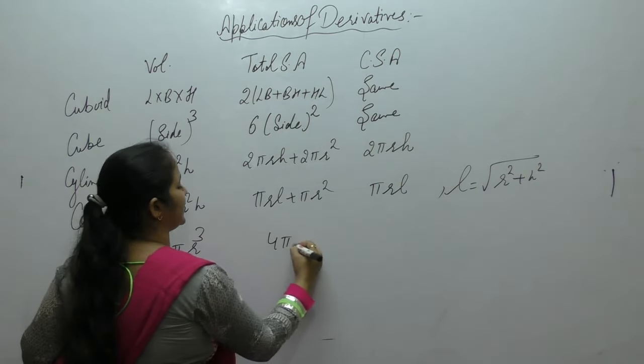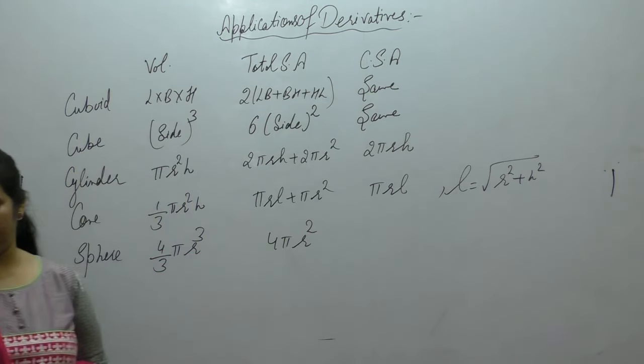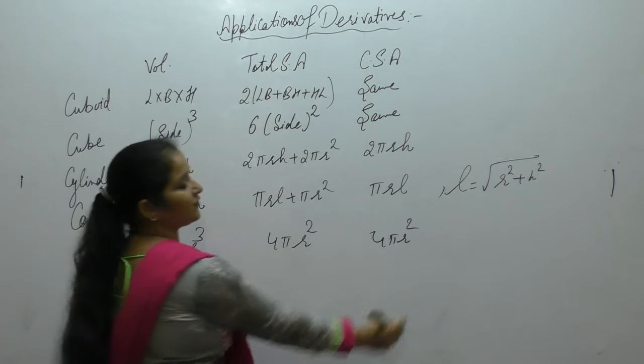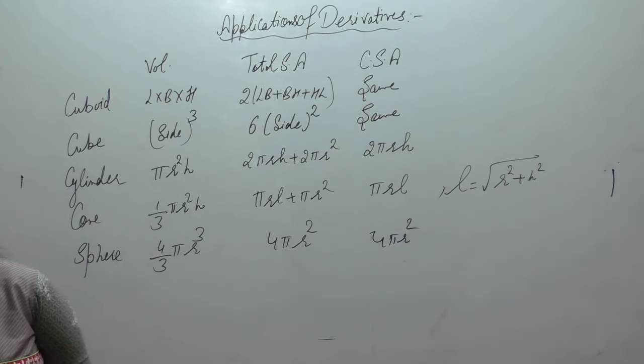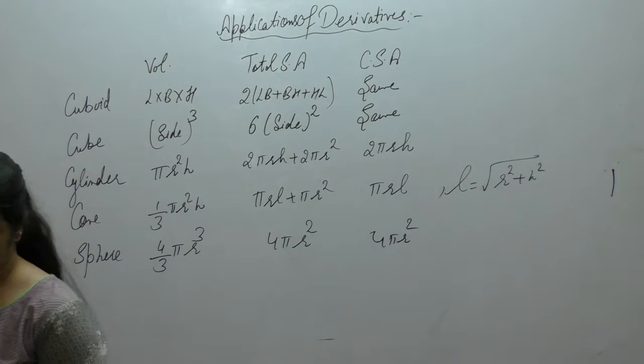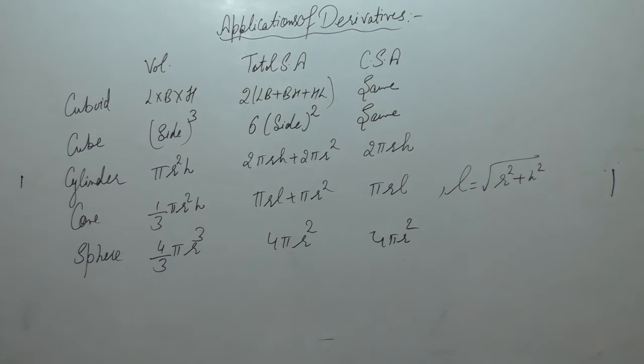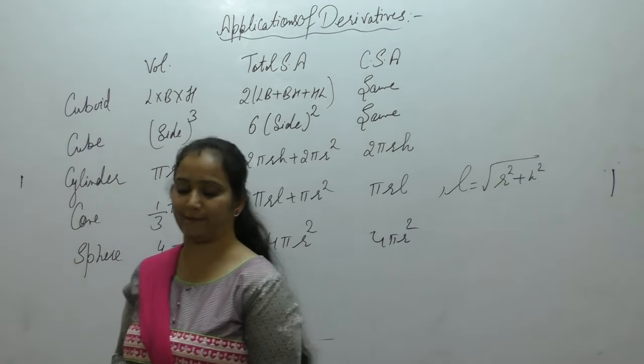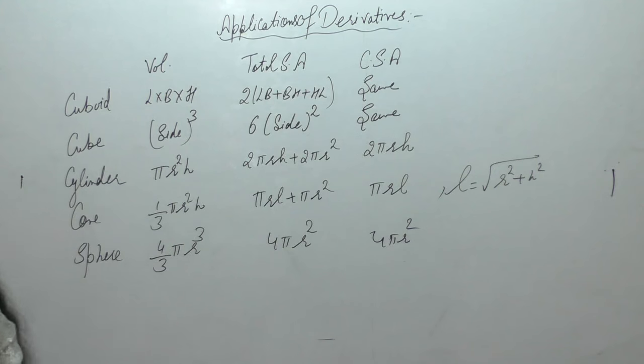Curved surface area is 4 pi r square and total surface area is also 4 pi r square. Is it clear? Now we will use all these formulas to solve the questions in applications of derivative. Note up to here first.